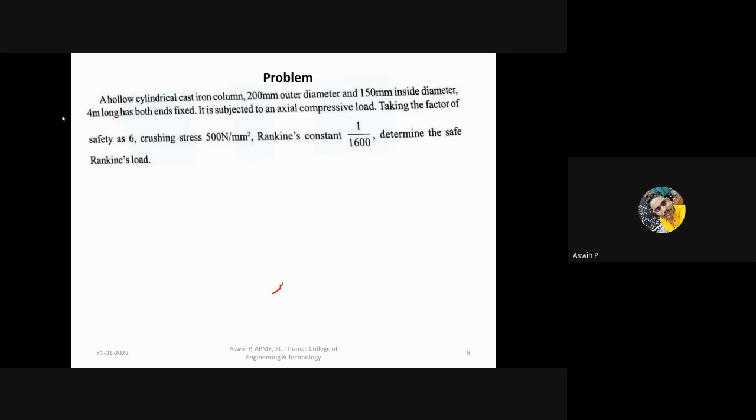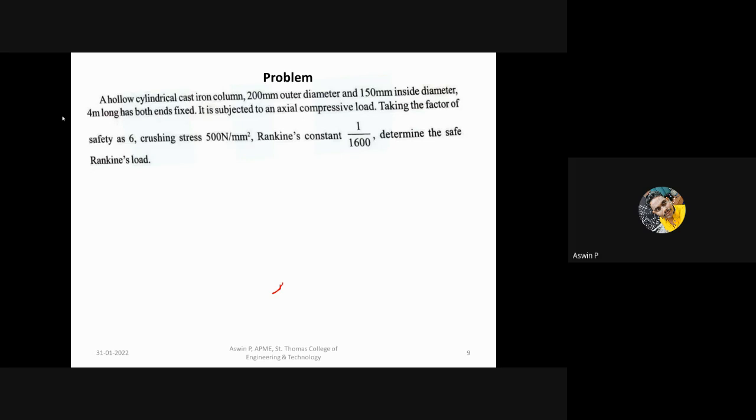And it is subject to a compressive load. Obviously, it shows that we cannot neglect the effect of compressive load. So the column must be a short column or a medium column. In the case of a long column, the effect of compressive load will be very less. So there is a variation.